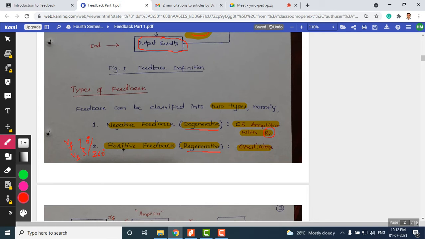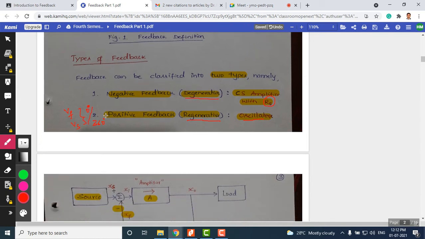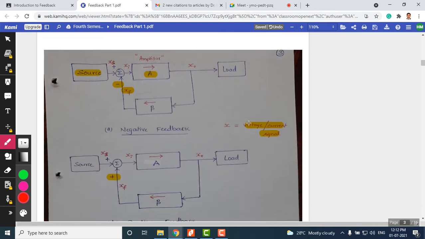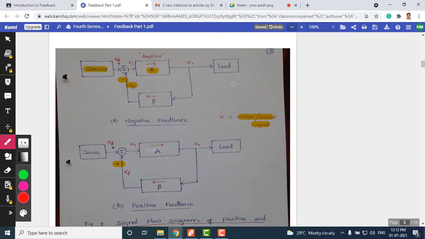Such a kind of feedback can be called positive feedback. Positive feedback can be seen in circuits such as oscillators. There are many more circuits which use positive feedback, but the most important one is going to be the oscillator circuit here.